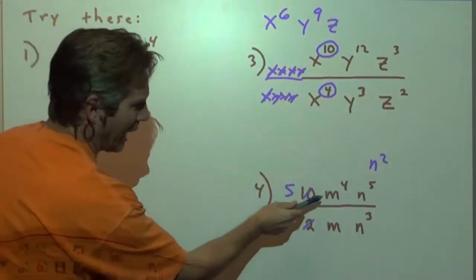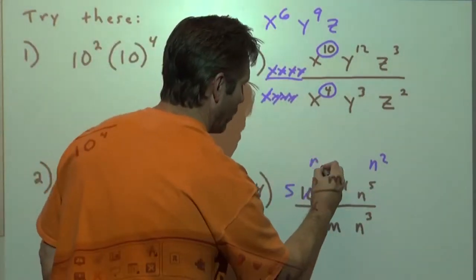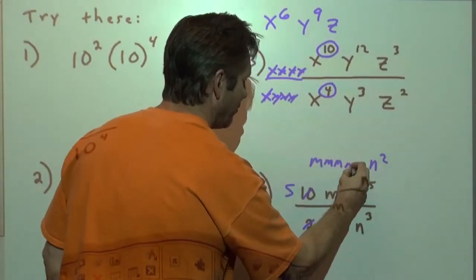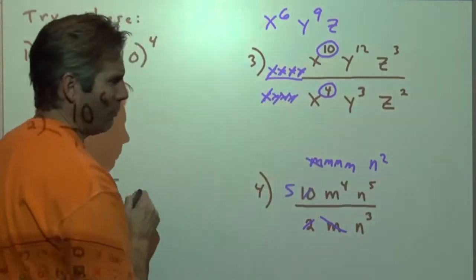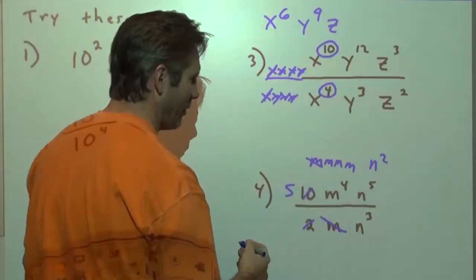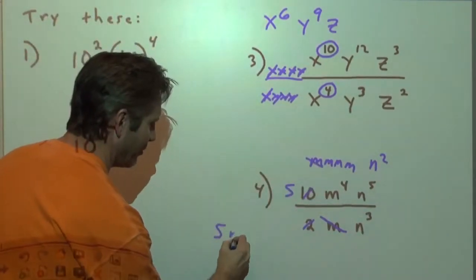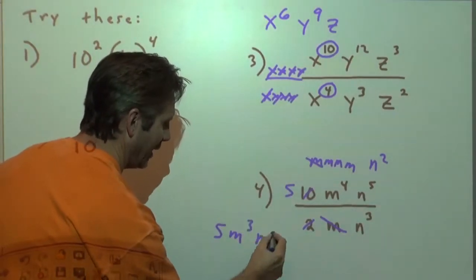Now this one's a little weird. M to the 4th, that's 4 m's, 1, 2, 3, 4, is being divided by 1 m. So this 1 m will cancel with that 1 m, and you're left with m to the 3rd. So your final answer is 5m to the 3rd n squared.